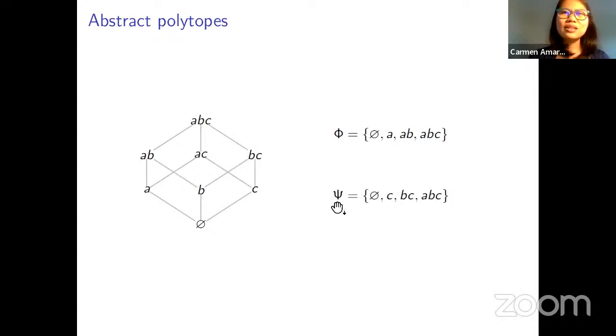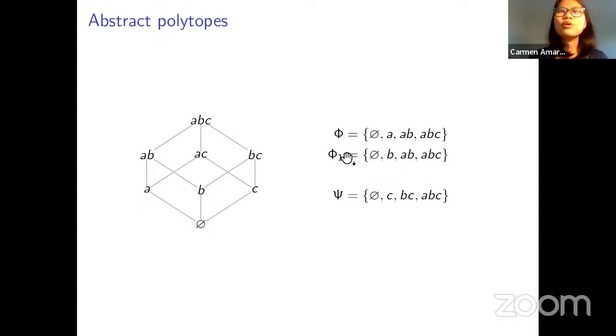And let us look at the flag psi consisting of the null set, the vertex C, the edge BC, and the triangle ABC. So let's take as our phi 1 the flag with elements null set, B, AB, and ABC.